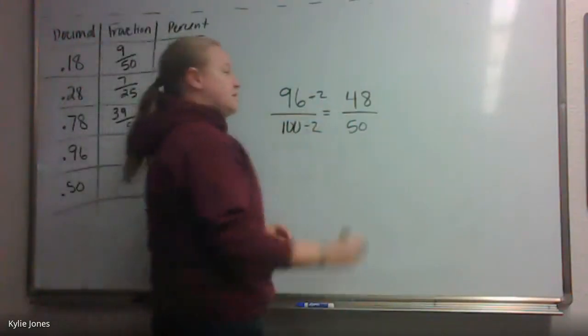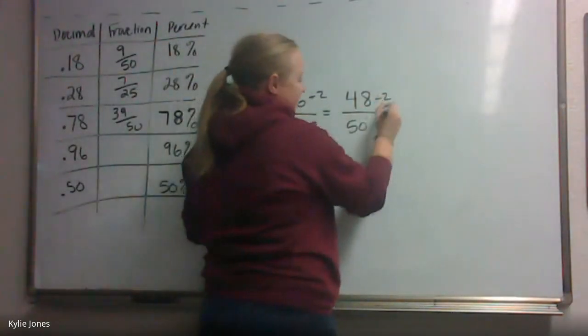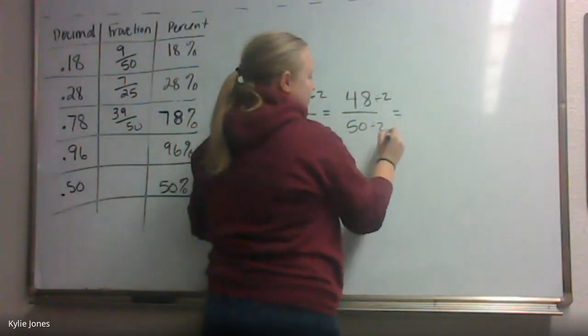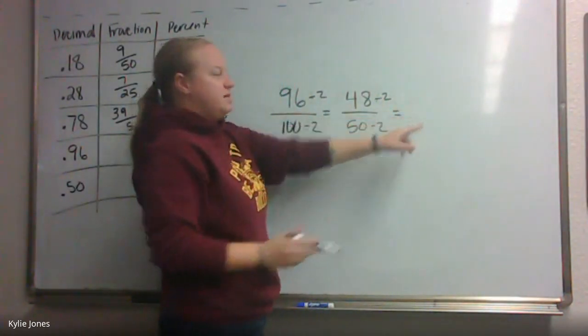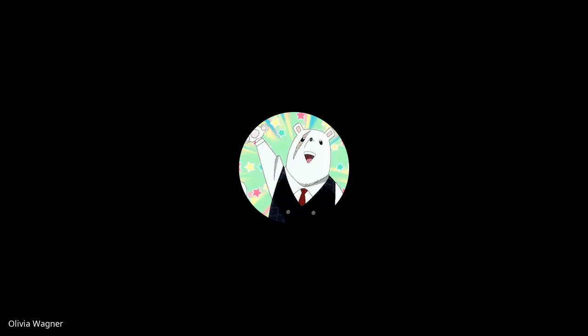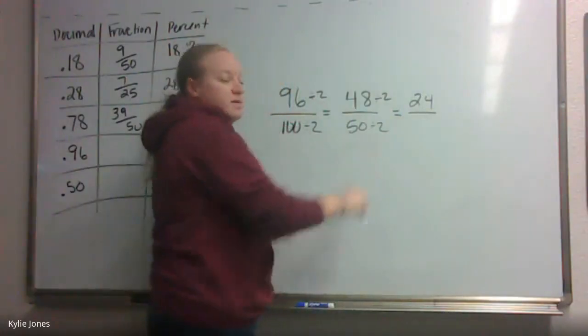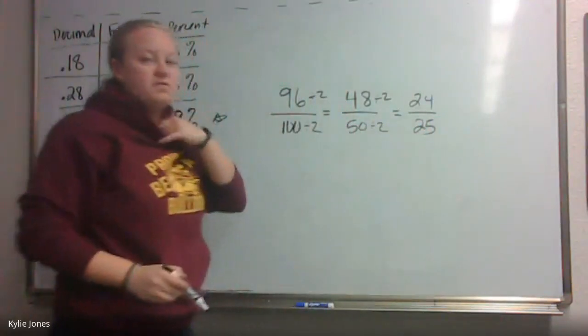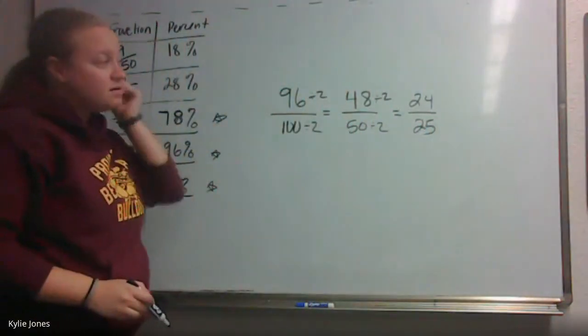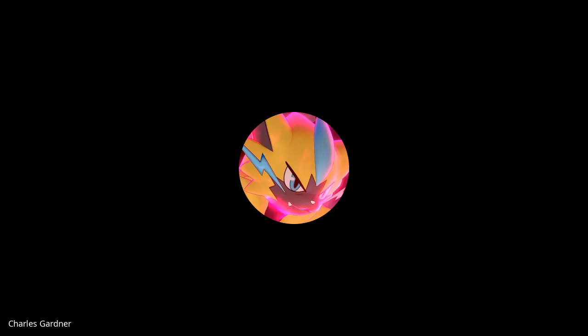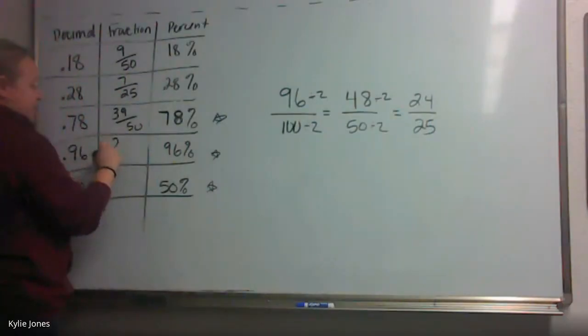Both of these can be divided by 2. So 48 divided by 2 is 24. And then what's 50 divided by 2? 25. 24 25ths. Can we go any farther than that? Nope, we're stuck there. 24 25ths is as simplified as it goes.